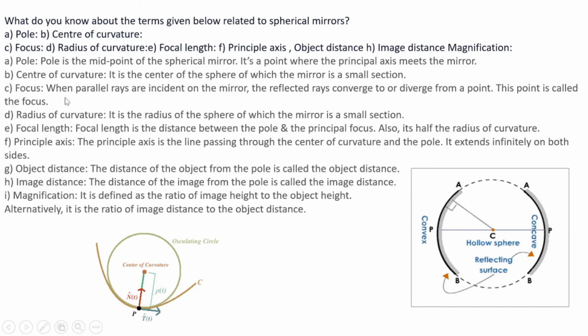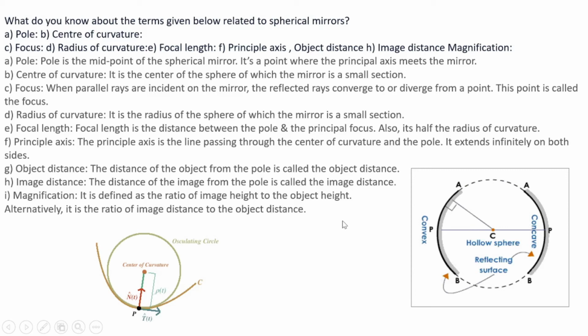Focus. When parallel rays are incident on the mirror, the reflected rays converge to or diverge from a point. This point is called the focus. See here, if rays fall on the convex mirror, they diverge, so the point from which the reflected rays appear to diverge is called the focus.